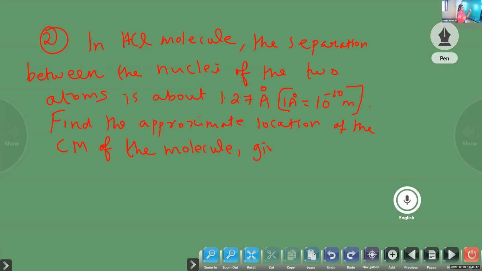Given that a chlorine atom is about 35.5 times as massive as a hydrogen atom.